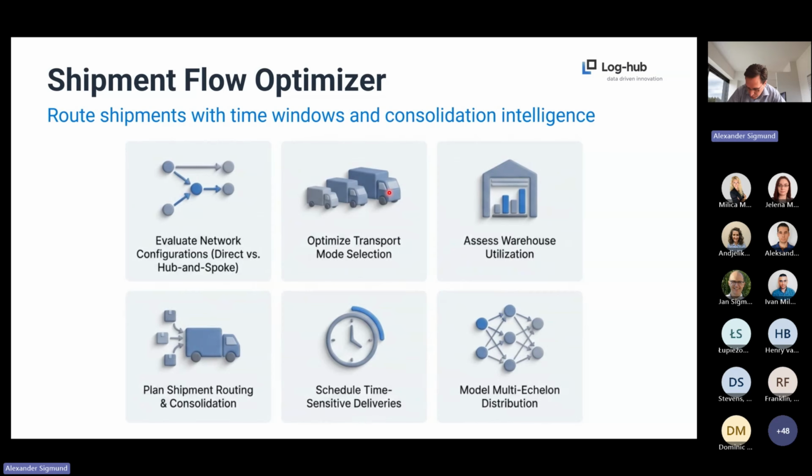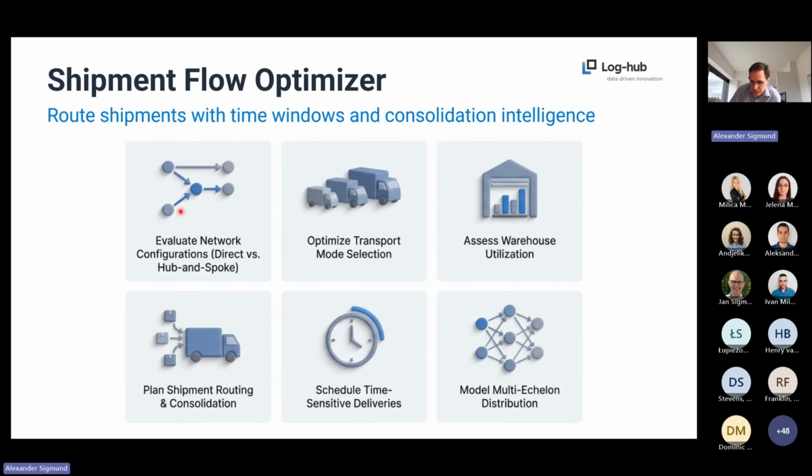Even if the origin and destination are the same A to B. For example, an air freight shipment is much faster, so it has a different service time, but most of the time it's also much more expensive than a sea shipment. So the optimizer can also decide: does it make more sense, or do I have to use an air freight shipment because of the time constraints, or can I use a sea freight shipment to reduce the costs?